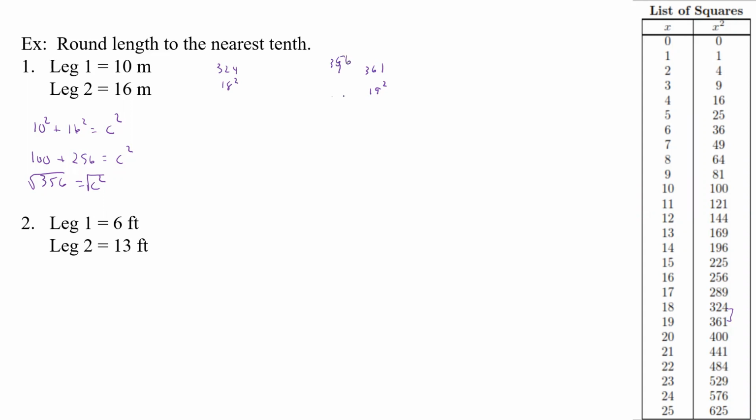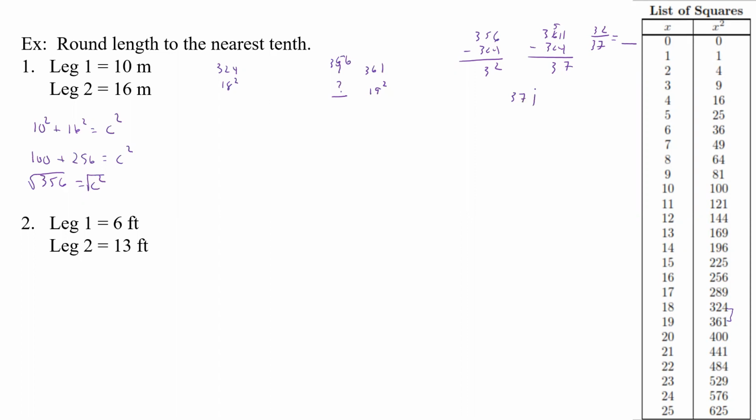So 356 minus 324 is 32, and 361 minus 324 is 37. So our fraction is going to be 32/37ths, and that's what we guess as far as our decimal. So what we actually have to do is divide that out.